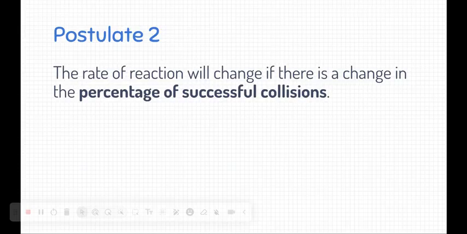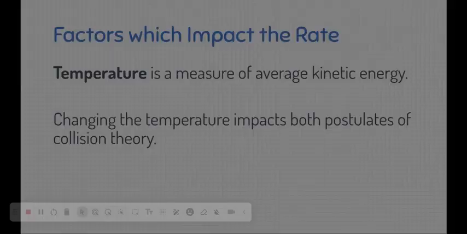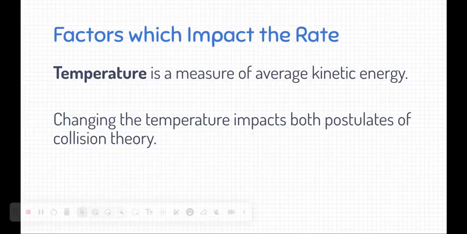Let's now look at the different factors which impact the rate of reaction. Many of you will already be familiar with the fact that increasing the temperature increases the rate of reaction. Well, temperature is just the measure of the average kinetic energy of the system, or it's really the measure of how fast the molecules are moving.